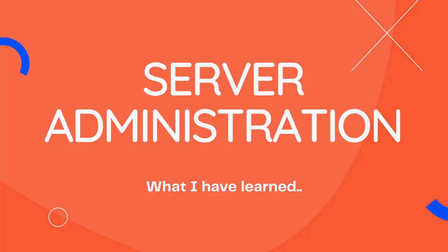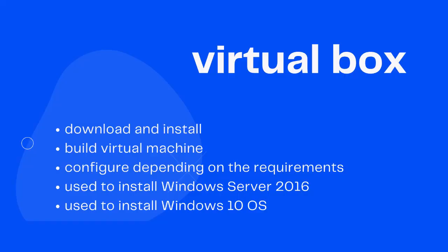Let's proceed. First is VirtualBox. VirtualBox is a virtual environment that functions as a virtual computer system with its own CPU, memory, network interface, and storage, created on a physical hardware system.